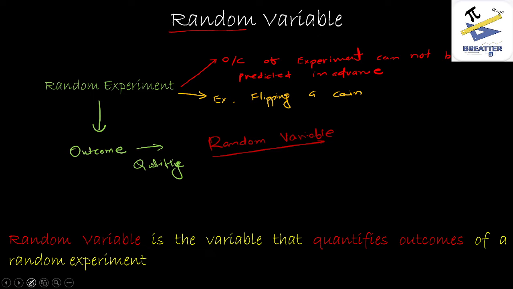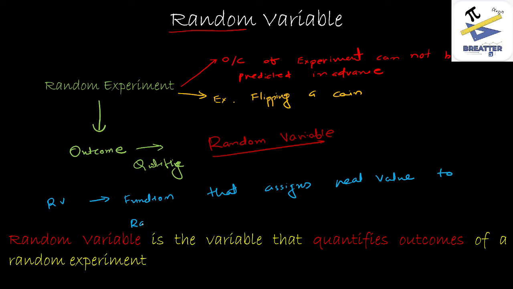We may also say that random variable is a function that assigns real value to random experiment outcomes.